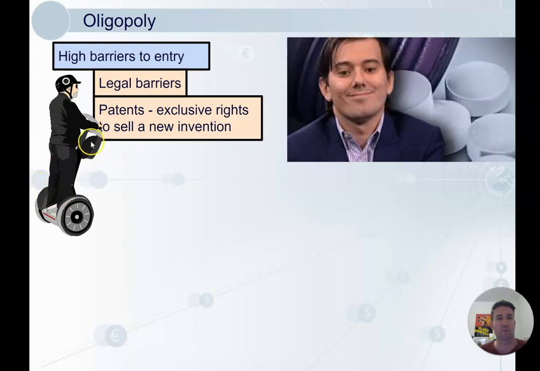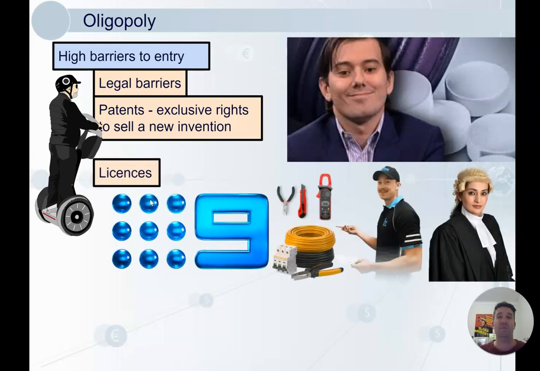This person or this firm invented the Segway, so they were the only ones who could sell it. Means that other firms can't compete, obviously. Even if they know how to build the Segway, how to produce that drug, they're not allowed to compete.